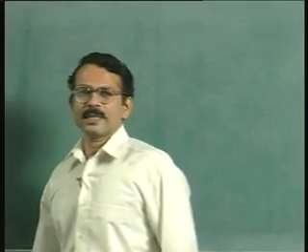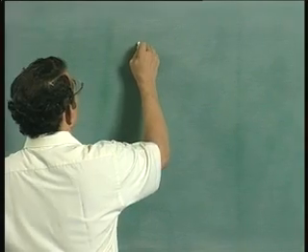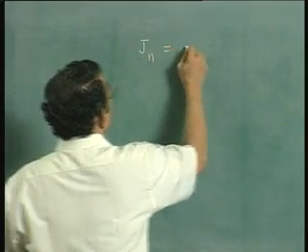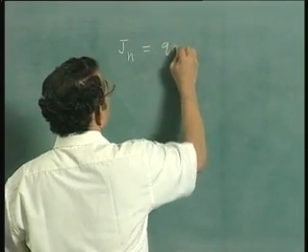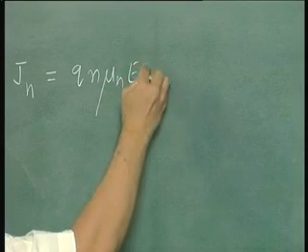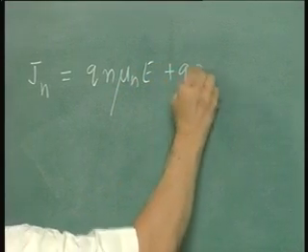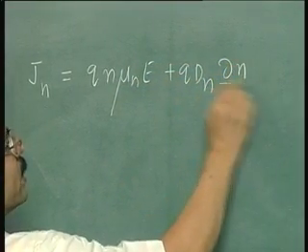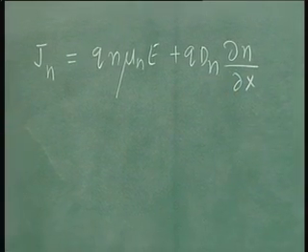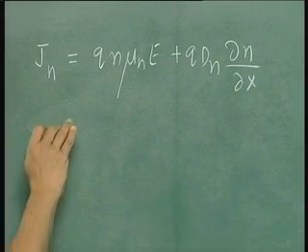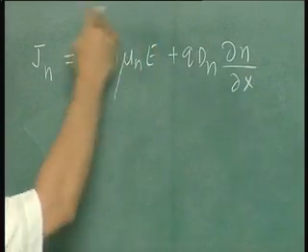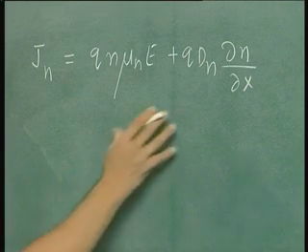So for example, let us take the equation for the electrons. Jn is equal to q n mu n E plus q Dn dou n by dou x. How do we represent the right hand side using quasi-Fermi level in a compact form?